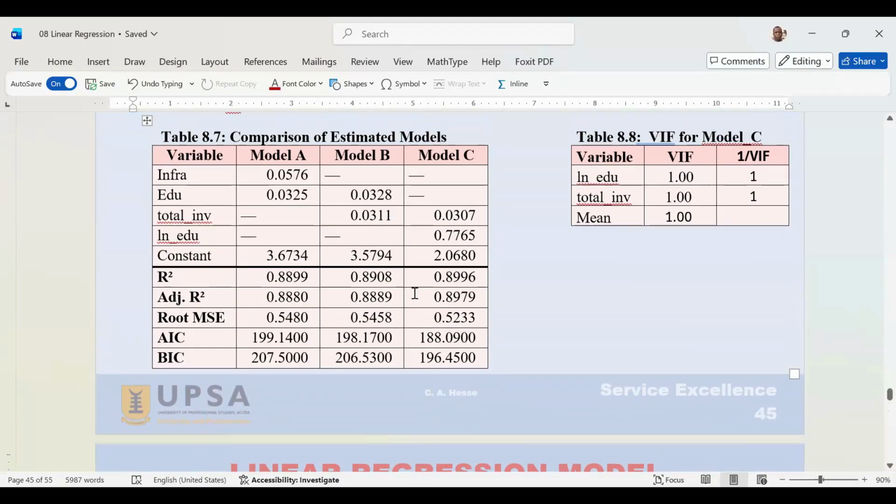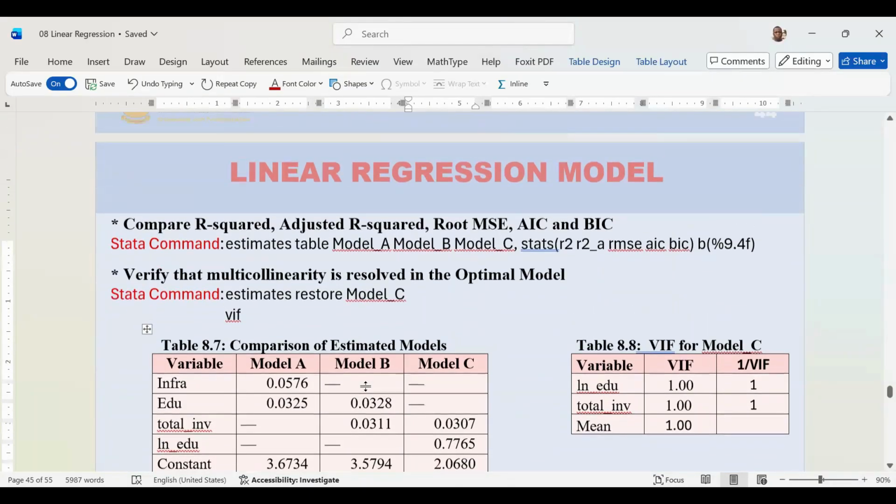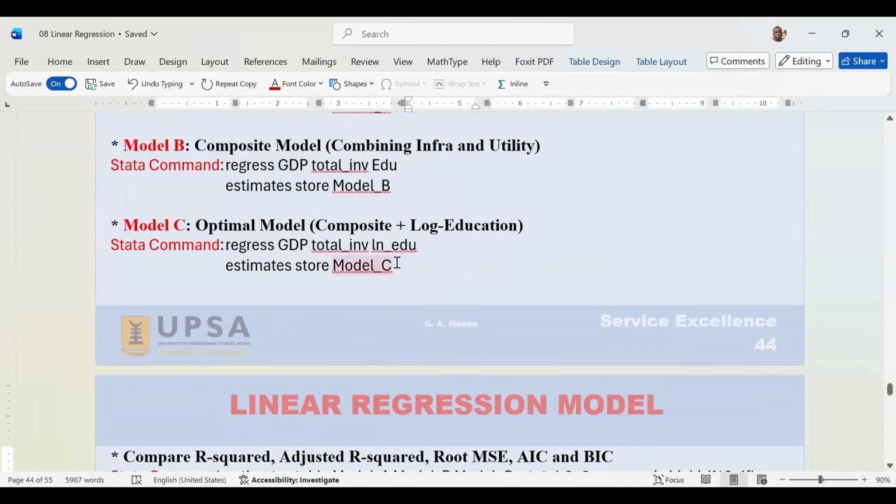Even if you didn't take the natural log of education, it will still be Model C. Model C is where we took the natural log of education. So what I did was Model D, where I did not take the natural log of education.